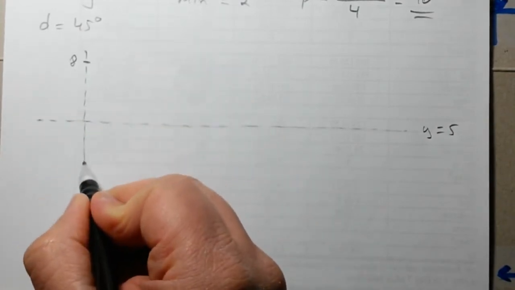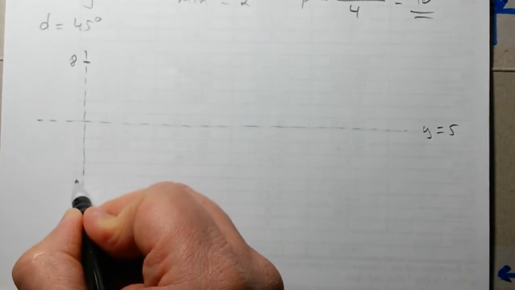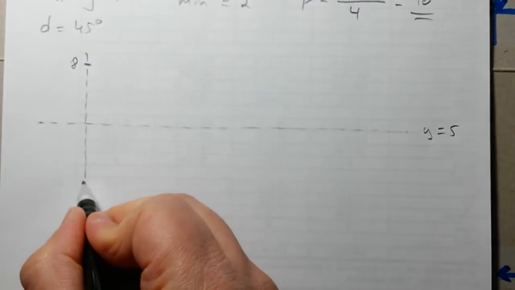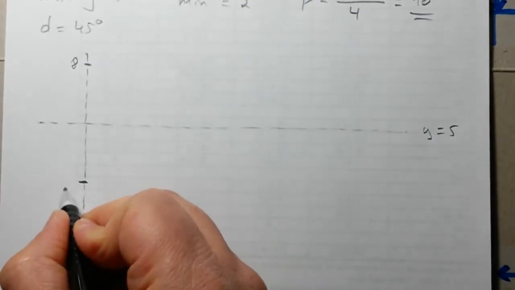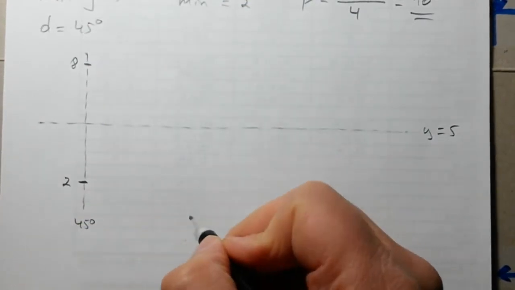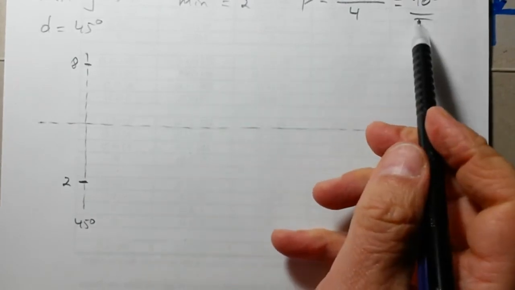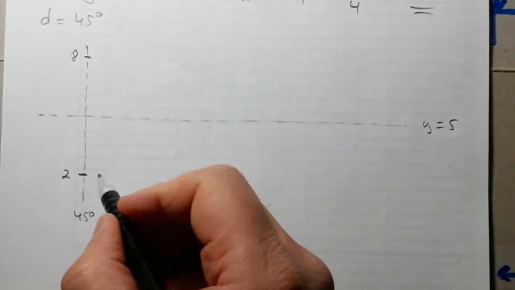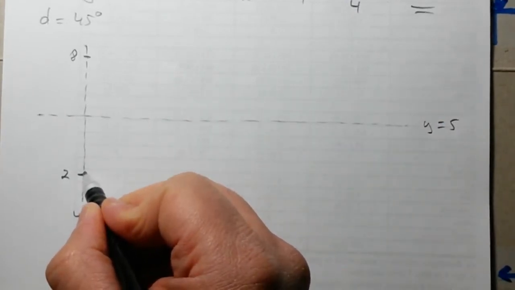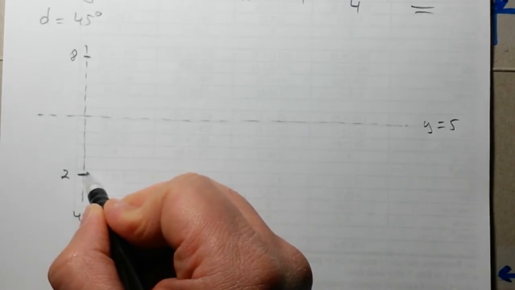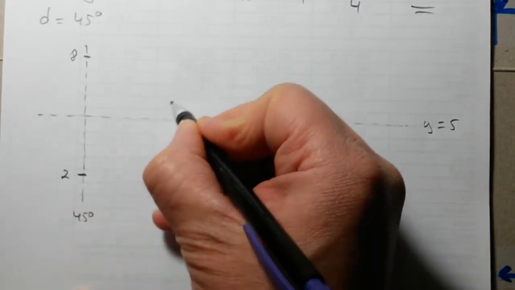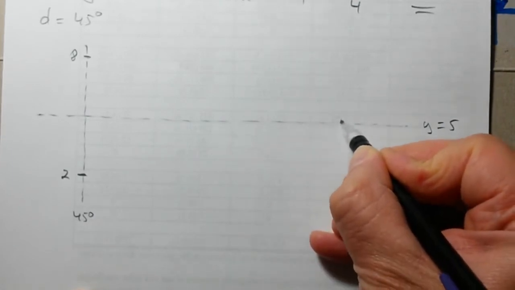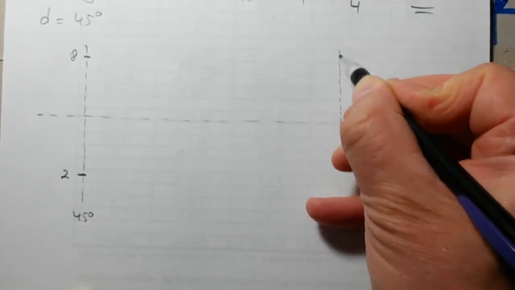The minimum value is 2. And the period is 90 degrees. And we're going to start at the bottom because it's a negative cosine. That's the base function. So we start at the bottom, we go to the top, and then we end up at the bottom again.